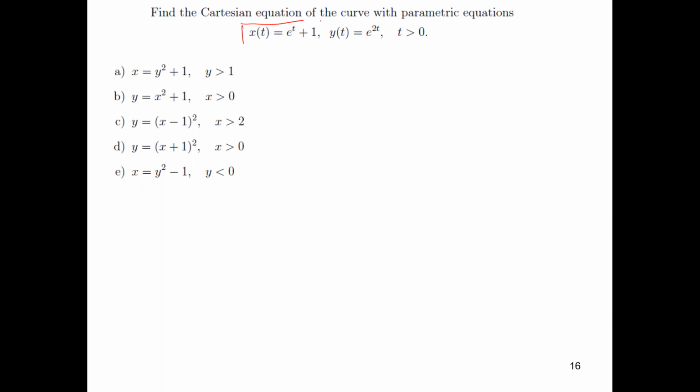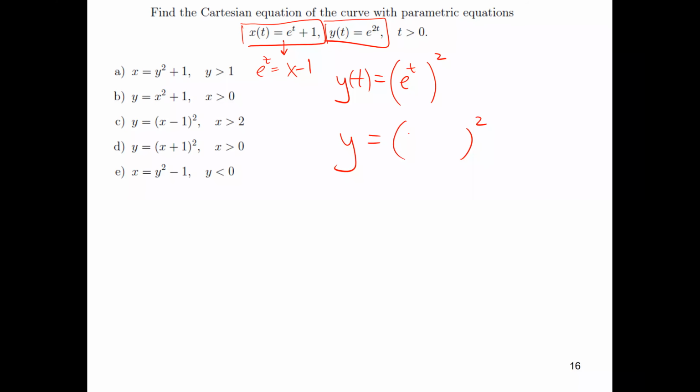But this one looks a little bit different, because we can take advantage of the formulas: y is defined as e to the t squared. I can solve the first equation for e to the t; it will be x minus 1. My equation is e to the t squared, but e to the t is just x minus 1, so it's x minus 1 squared. That means this is the equation.